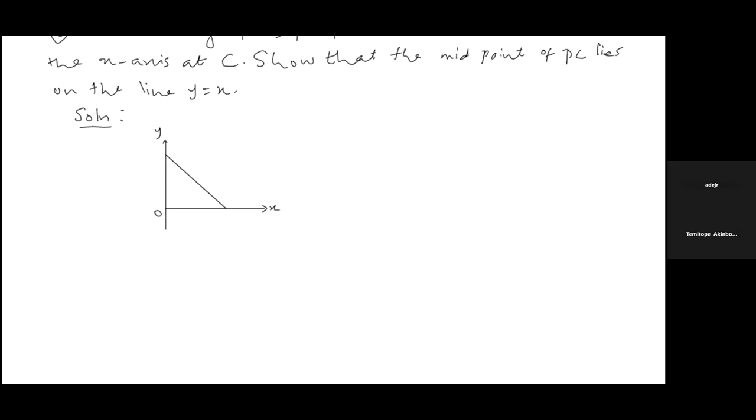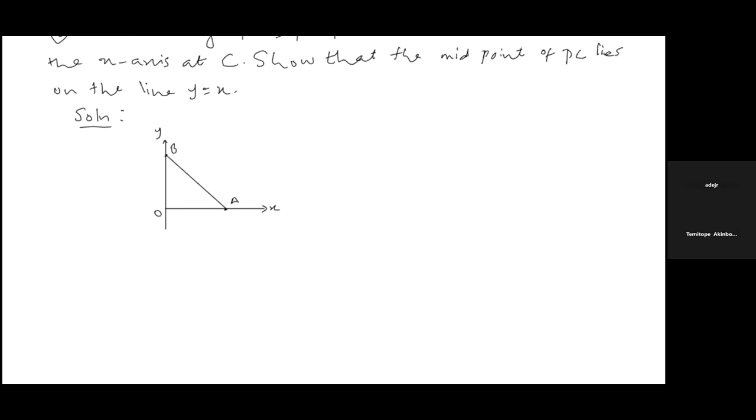So you were told from the question that it intersects the x-axis at A. So that means this is point A. And the y-axis at B. So that means this is point B. Then you were told that the line passes through the point P with coordinate 3t, 2t.